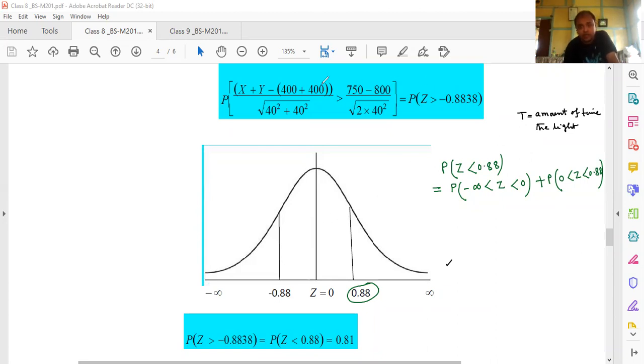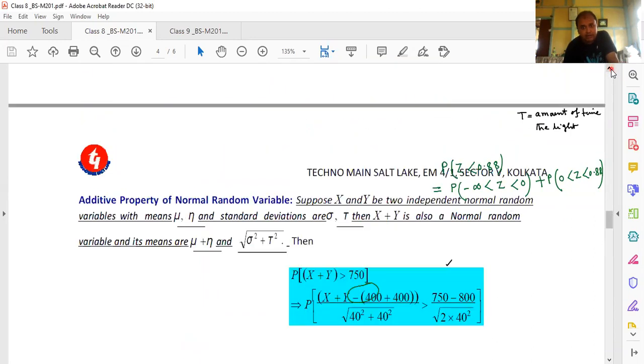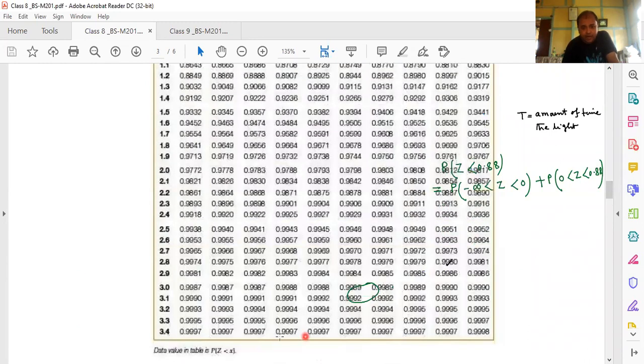Because the chart which I'm following presently, in this chart itself, you see, carefully you observe, and yesterday also I told that various charts they follow. This chart is actually meant for probability of Z less than small x. What does that mean? They are actually giving you the area of the region from -infinity to a certain point.